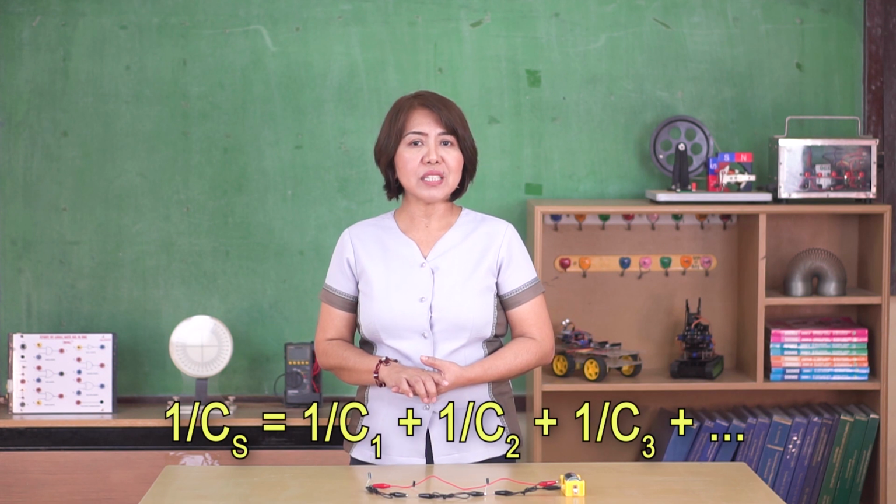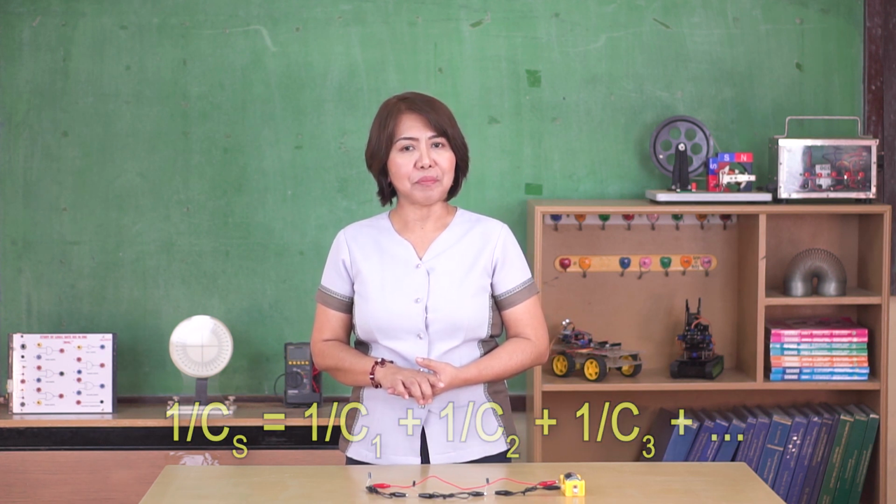Canceling the charge Q, we obtain an expression containing the equivalent capacitance C sub S of 3 capacitors connected in series. 1 over C sub S is equal to 1 over C sub 1 plus 1 over C sub 2 plus 1 over C sub 3.